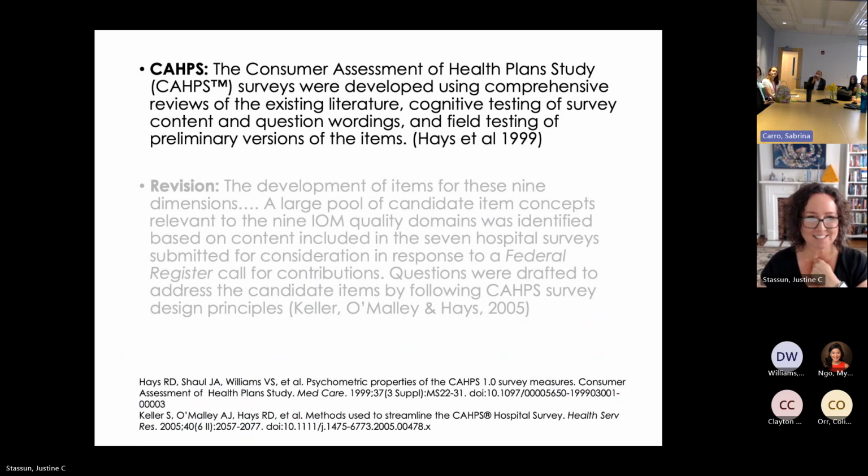The conceptualization of most of our measures, including the CAPS, happened around some experts sitting around and making some decisions about what the phenomenon is, right? So what is this thing? What I call these generally phenomenon or concepts. And that's what happened with CAPS.